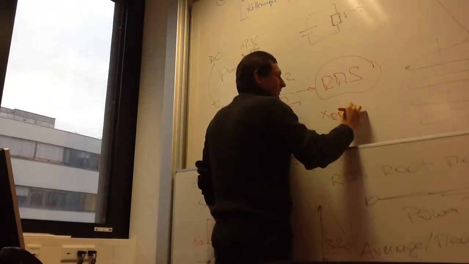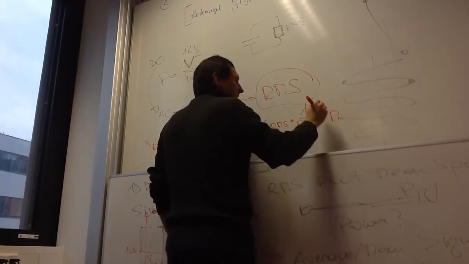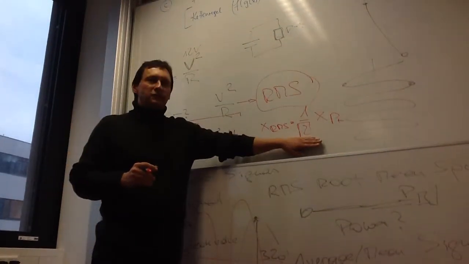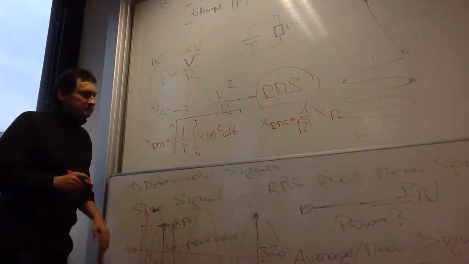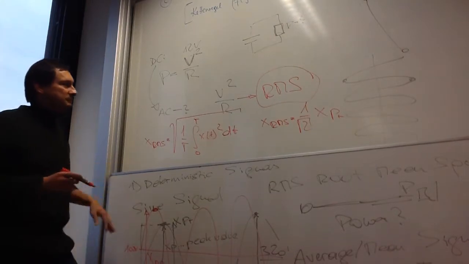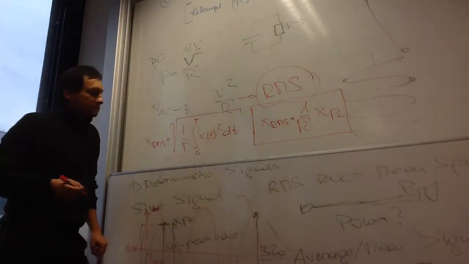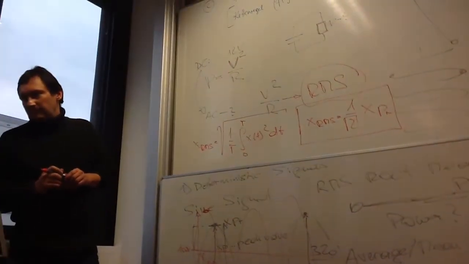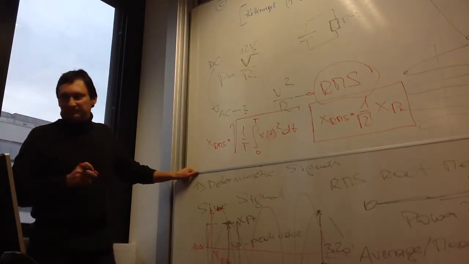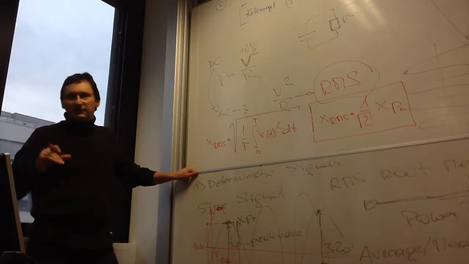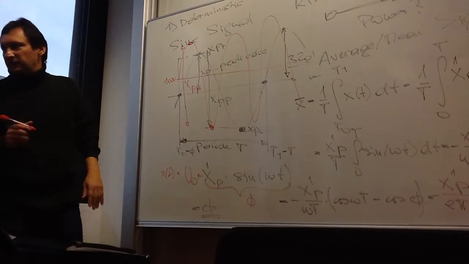RMS value equals the peak value divided by square root of 2. That is the amplitude of the signal, assuming an offset-free sinusoidal signal.